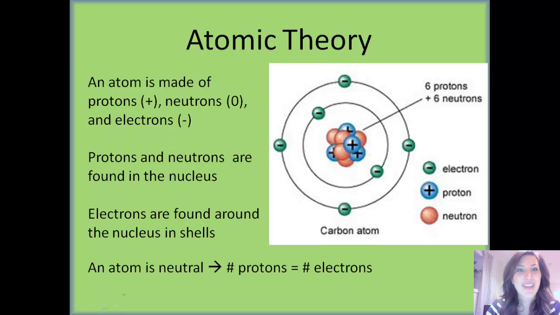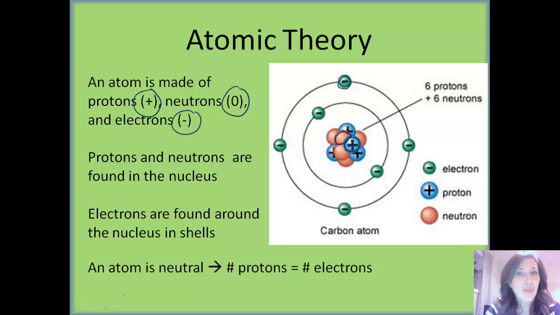So our atomic theory. This theory states that atoms are made up of protons, which are positive, neutrons, which are neutral, and electrons, which are negative. So you can see in this picture where we have our protons, the blue circles, we have the neutrons, the red circles, and we have the electrons, the green circles.